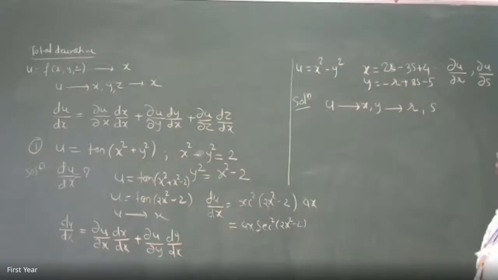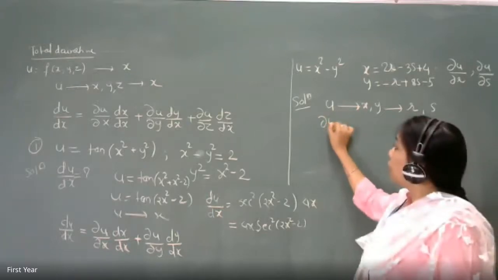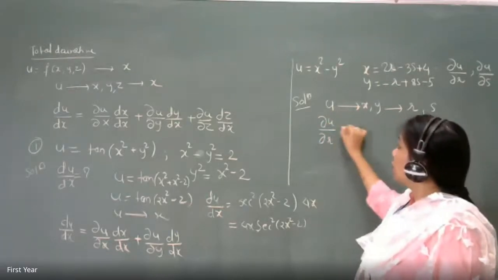Therefore, using chain rule, what will be the formula for del u by del r? Del u by del x into del x by del r plus del u by del y into del y by del r. Very good.